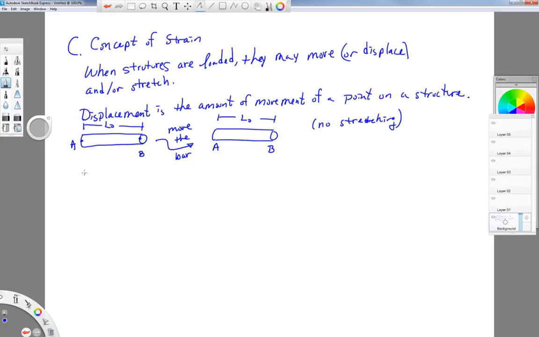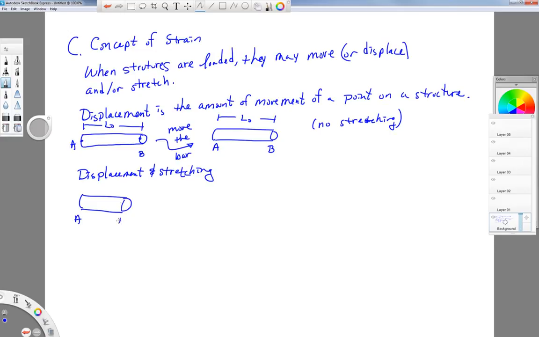Let me give you a sketch of displacement with stretching. We can take our same bar.